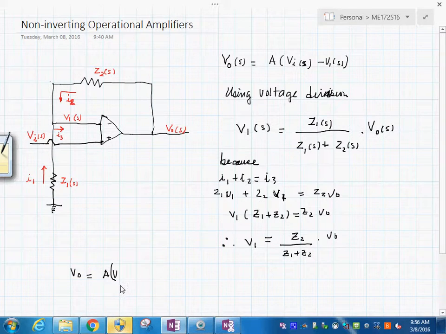I don't want to make a mistake in here. I have one too many parentheses, this one.